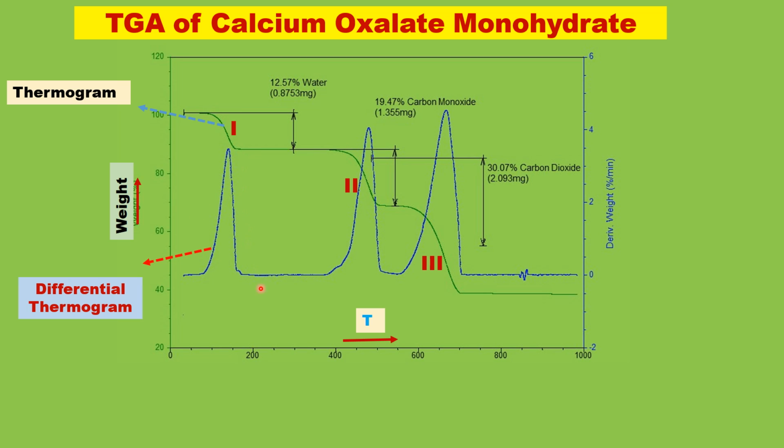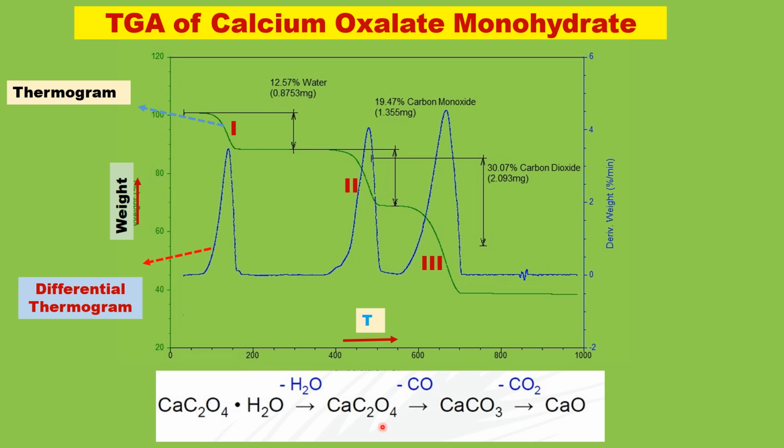The area under the curve gives the mass change. For example, the area under curve 1 is small because the mass change is small. From the area under the curve of the differential thermogram, we can obtain how much mass is lost. So these are the 3 steps which give 3 mass losses, 3 thermal processes.